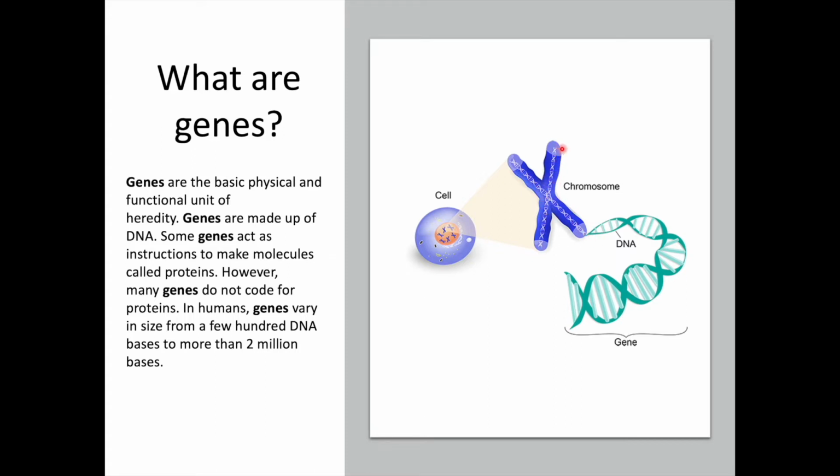This DNA is formed by chromosomes. And these chromosomes are made up of the blueprint of our genes, which is known as our DNA, or the deoxyribonucleic acid.